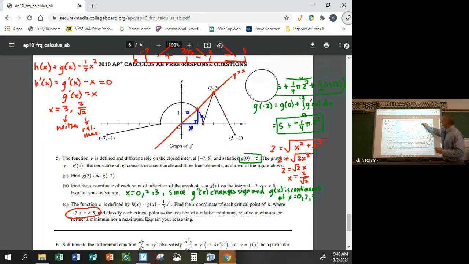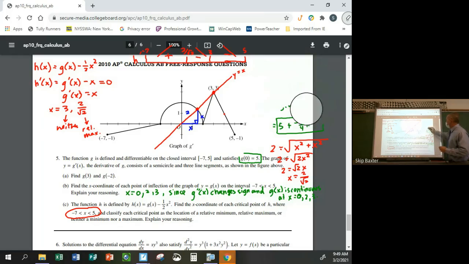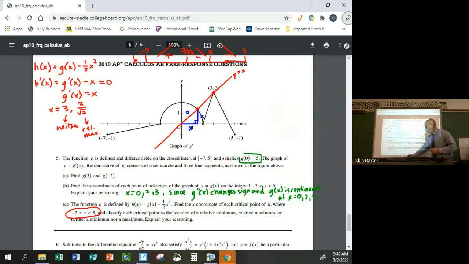The second derivative test says that if the first derivative is 0 and the second derivative is positive, then it has to be a min, right? Because it's concave up. If you have a 0 derivative point on a concave up function, it has to be a min value. If the first derivative is 0 and the second derivative is negative, it has to be a max. You remember that?